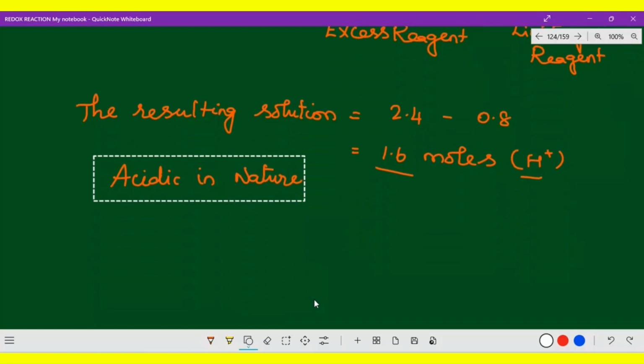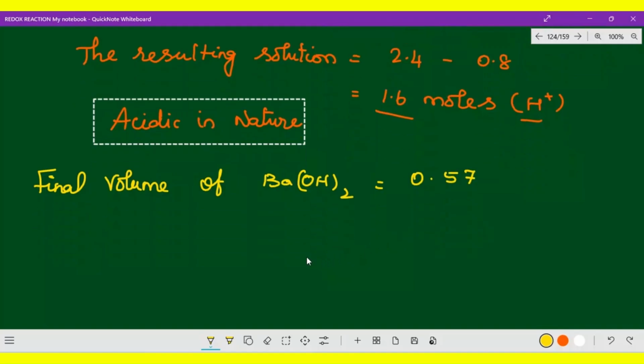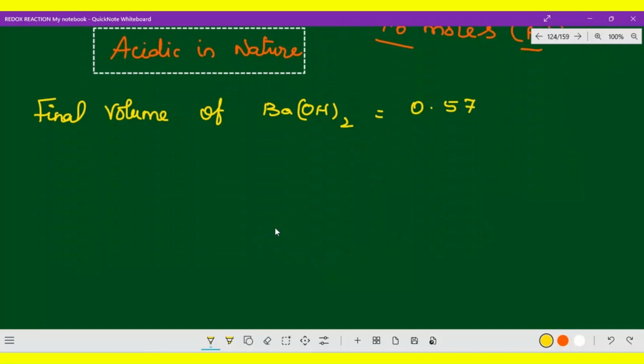The final volume, for which they mentioned the specific gravity. Now the final volume of barium hydroxide. In the question, the specific gravity they mentioned is 0.57. Density is equal to mass by volume.